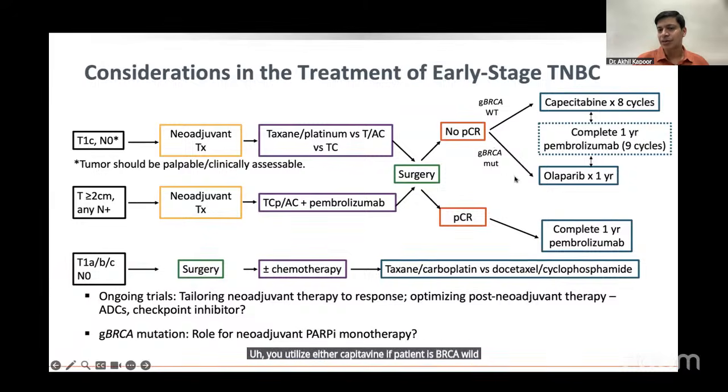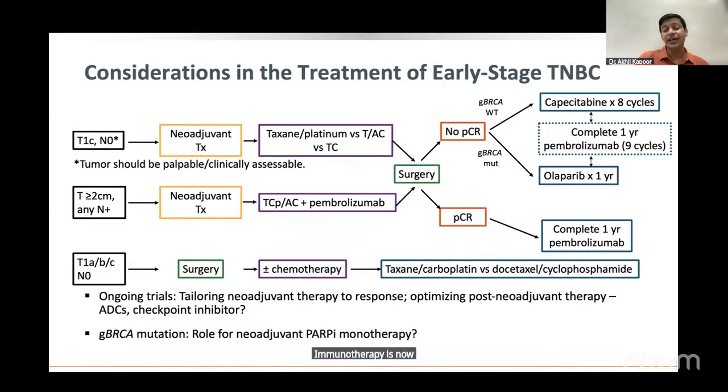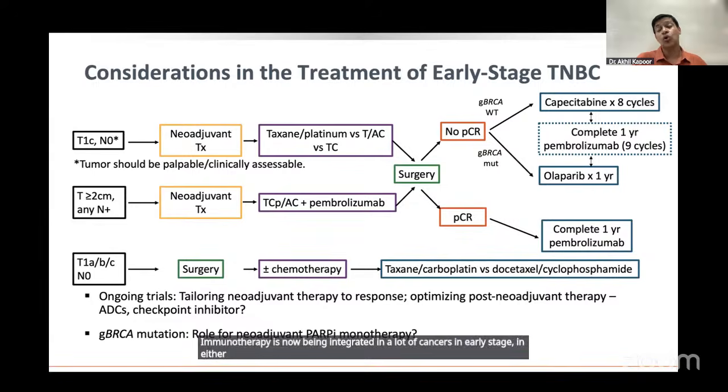If germline BRCA is mutant, utilize olaparib, and along with the same, complete immunotherapy if the patient has received it. This is one example to understand that precision oncology is not only for metastatic cancers, it is there for early cancers as well. Immunotherapy is now being integrated in a lot of cancers in early stage in either neoadjuvant or adjuvant settings.